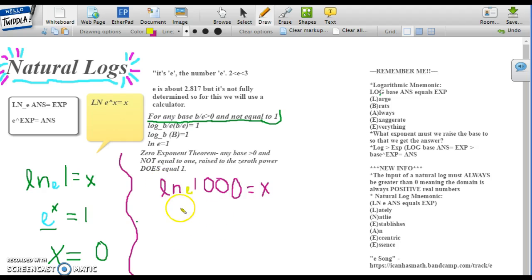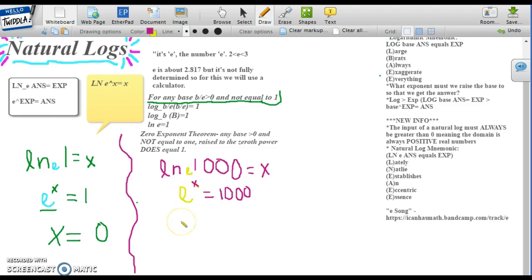Okay, so first, set it up exponentially. e to the x equals 1,000.